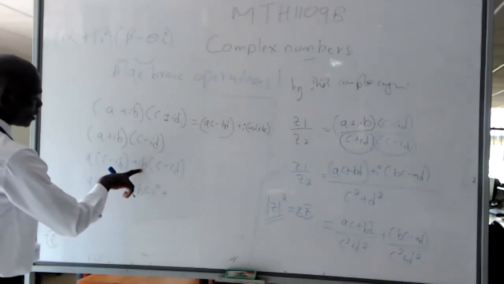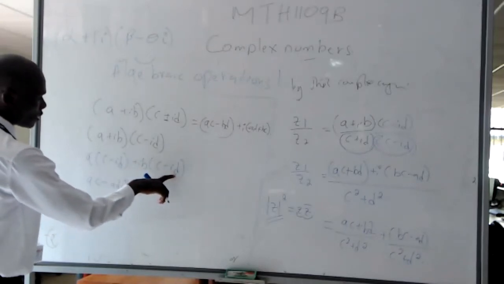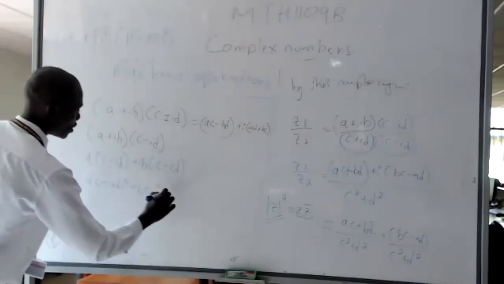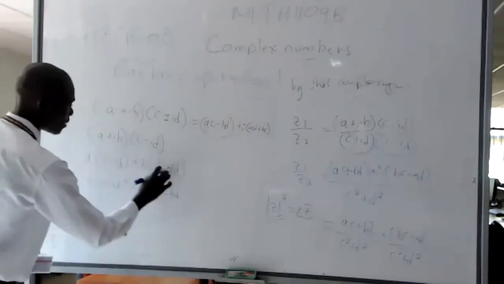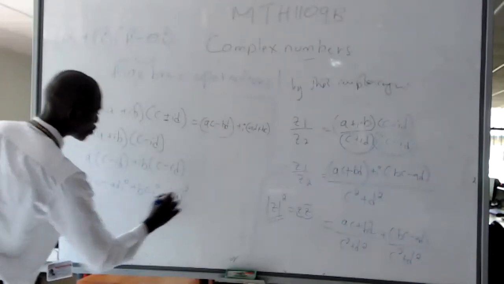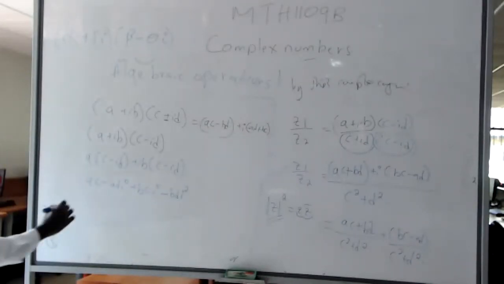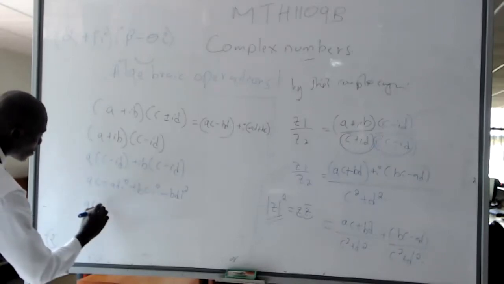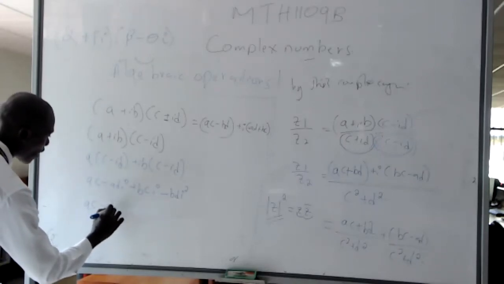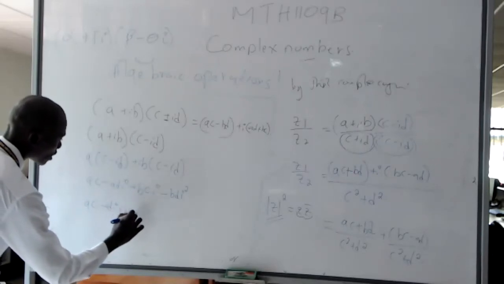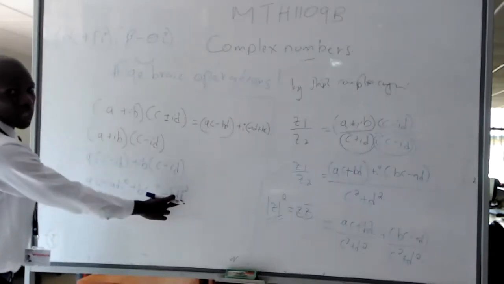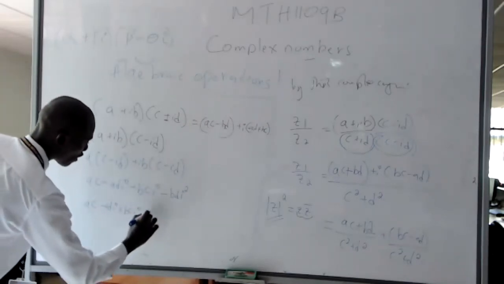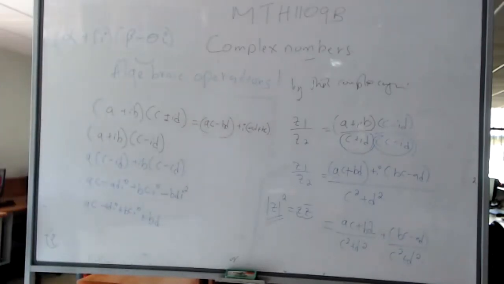This is B times D, that's BD. Then you also have a negative, then I times I is I squared, okay? So we have AC minus ADI plus BCI, and then I squared is -1. So -1 times this negative part will make it positive. So you have plus BD, okay?